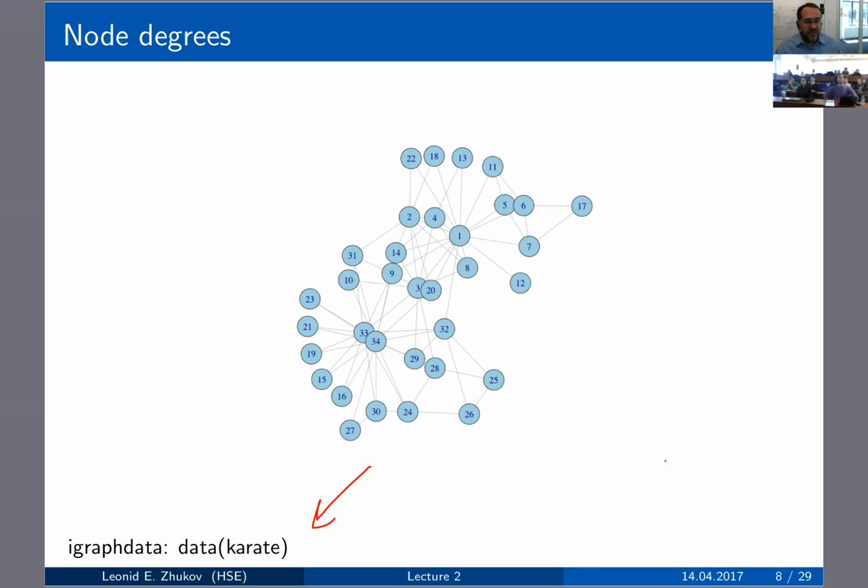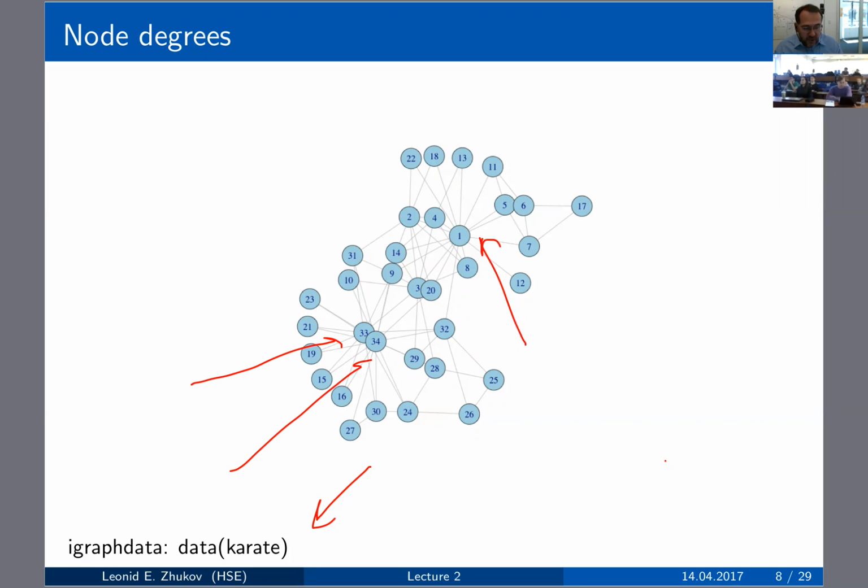Anyway, here it's just visualization. If you look carefully, you realize that there are some nodes here that have higher node degrees than other nodes. It's node 33, 34, and node 1.